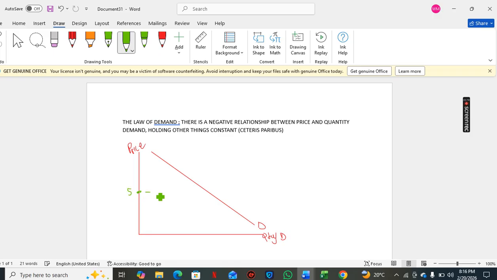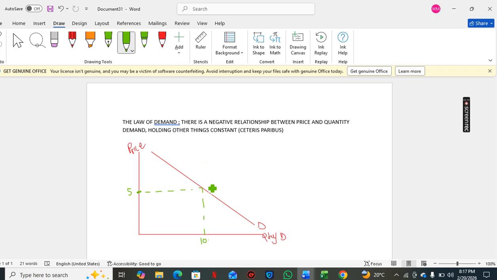kwacha, you probably are able to buy, let's say, 10 units of that good. Okay. Maybe this can be soft drinks, some groceries, whatever. Okay.